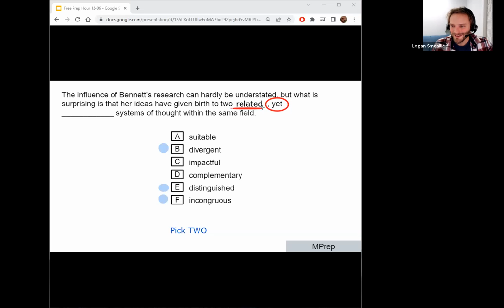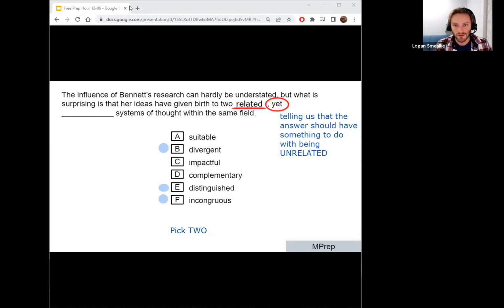And that's why somebody wrote in the chat, thank goodness, when I said it's actually related, not unrelated, because what is this telling us? That the answer should have something to do with being unrelated. Basically, we want unrelated, the opposite of related.